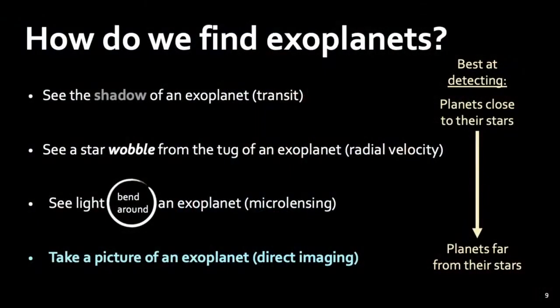The third one, and this is really going to come into its own in the next few years with some of the missions that NASA's working on, is called microlensing. And this is really kind of a fantastic technique that uses general relativity and the fact that things with mass bend space around them, and light beams are deflected by that bending.